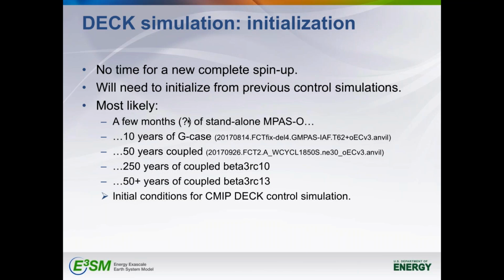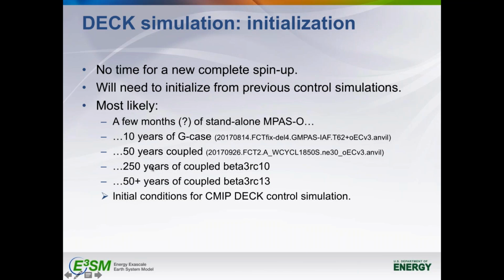I need to verify that later. That was followed by 10 years of a GCMs, and then 50 years of a coupled simulation, that FCT2 simulation, which was the breakthrough simulation run by John on Anvil. This is the one that included significant improvement in the ocean, and that led to the appearance of ENSO.